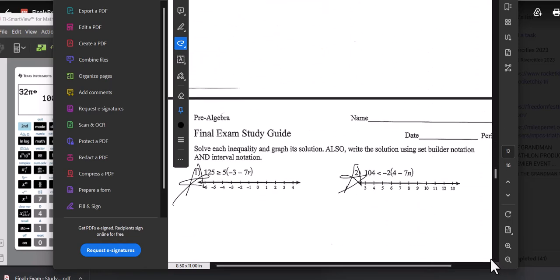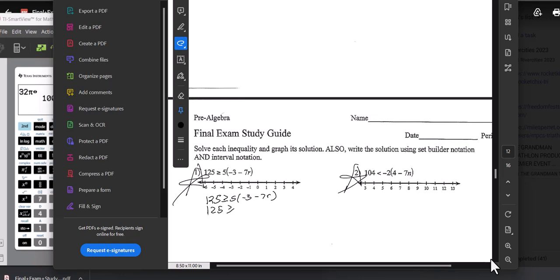Solve each inequality and graph its solution. Also write this solution using set builder notation and interval notation. Okay, so 125 is greater than or equal to 5 times negative 3 minus 7r. I'm going to distribute that 5.